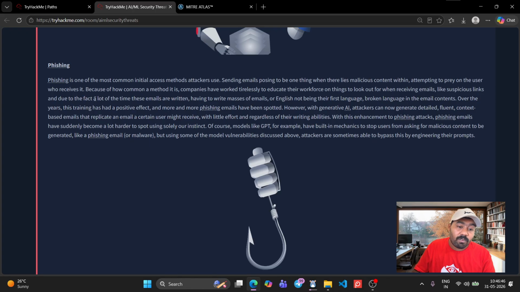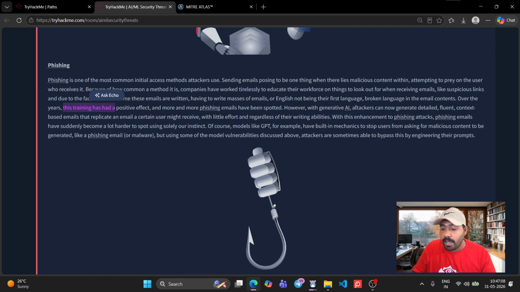And due to the fact that a lot of the time these emails are written by people having to write masses of email in English, not being their first language, there is broken language in the email contents. Over the years the training has had a positive effect, and more and more phishing emails have been spotted.